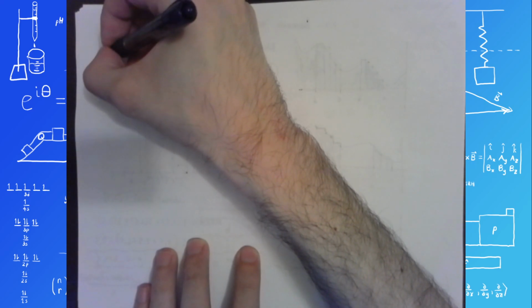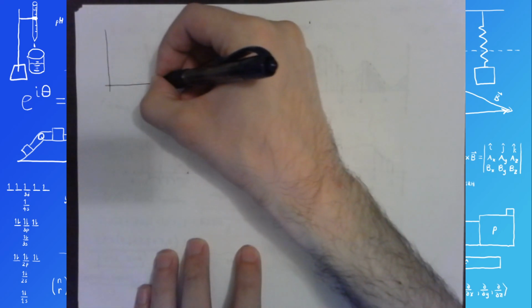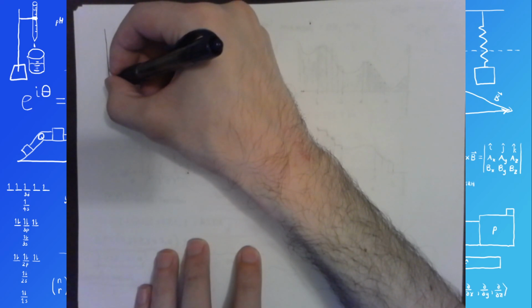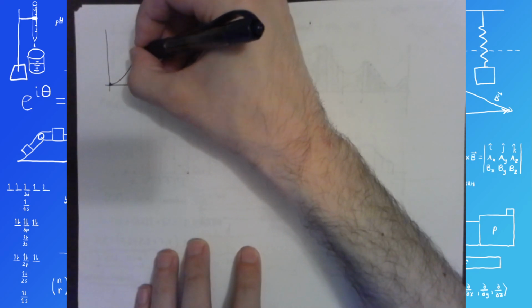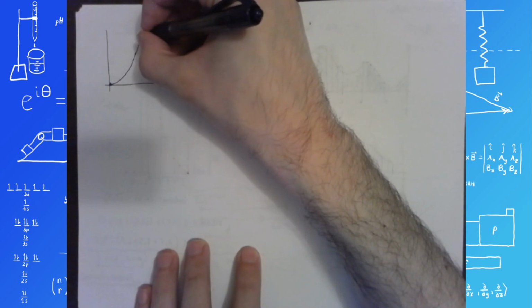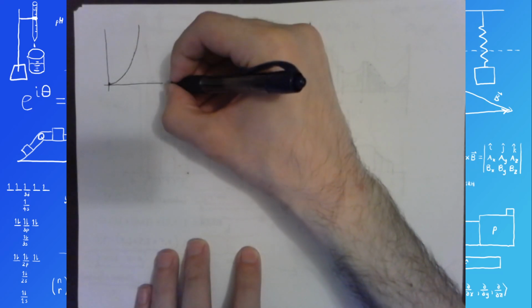Just draw myself a curve. Should I make it an x squared curve? Sure, why not? This time I'm not going to be super detailed with marking my axes. Just the general shape of an x squared curve.